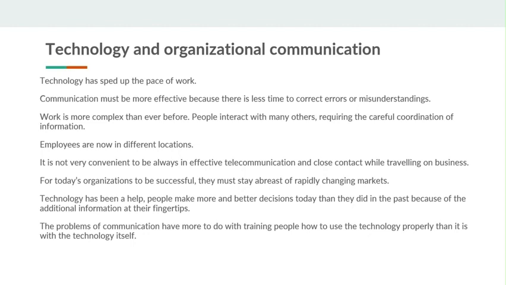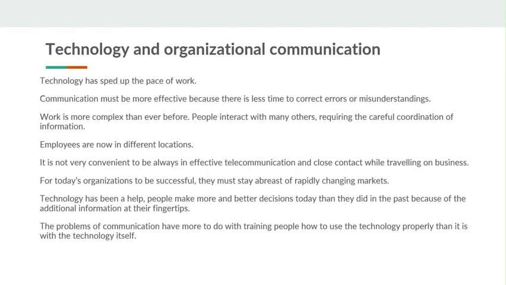the information. Employees are now in different locations, but nowadays it is not a very huge problem. It is not very convenient to always be in effective telecommunication and close contact while traveling on business.